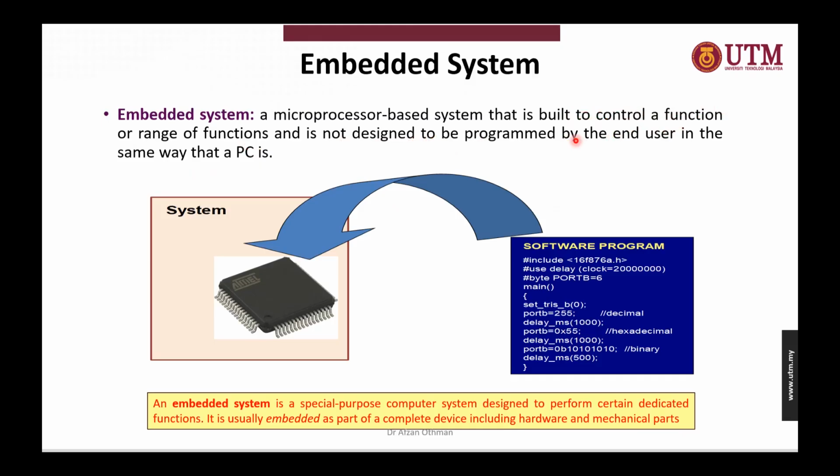Every time you see an embedded system device, it has a limited function, maybe one, two, or three functions, and you cannot reprogram it. The meaning behind not being able to reprogram is that you cannot add other features to that device. So that is the definition of an embedded system.